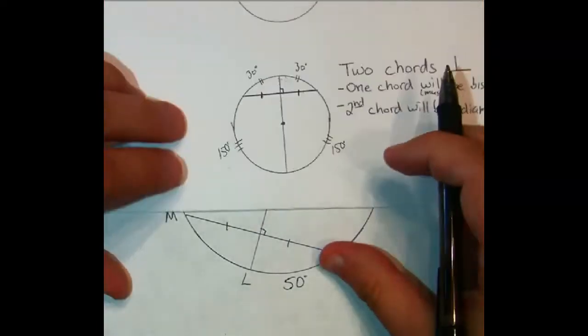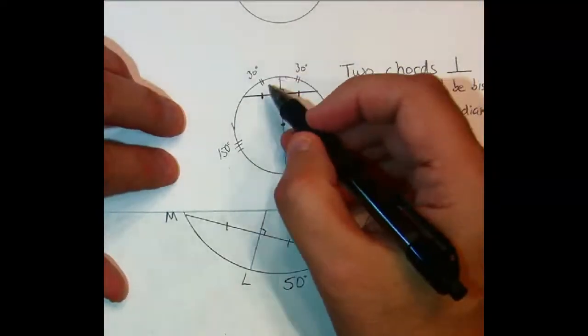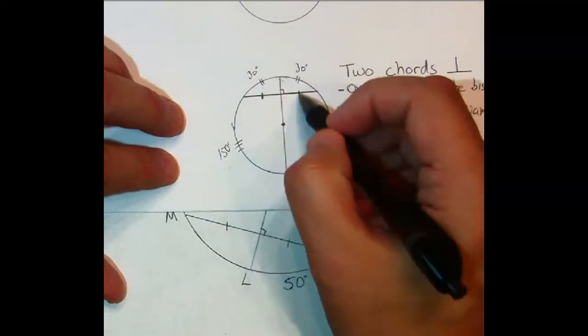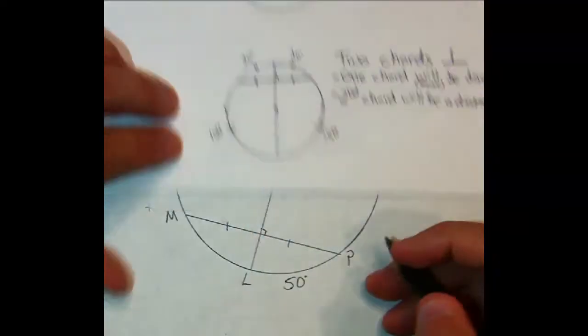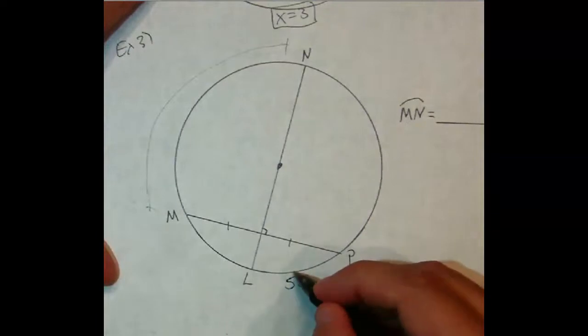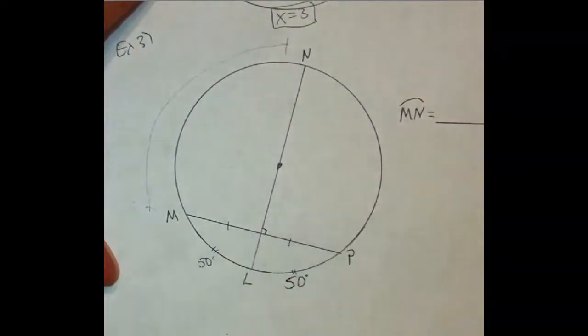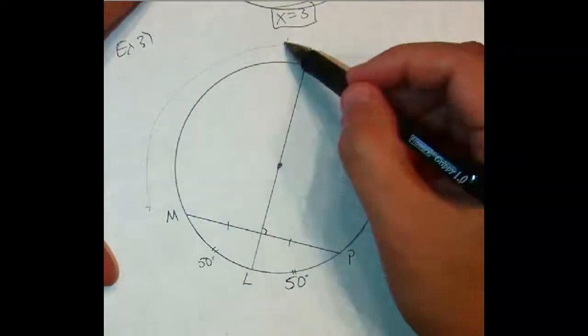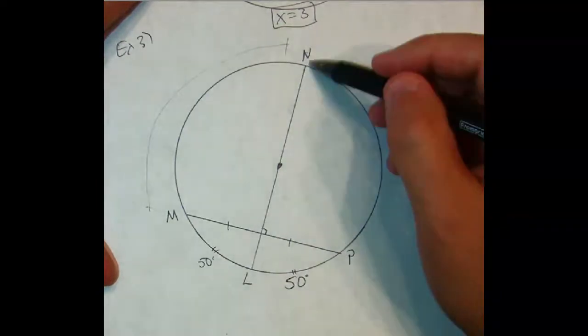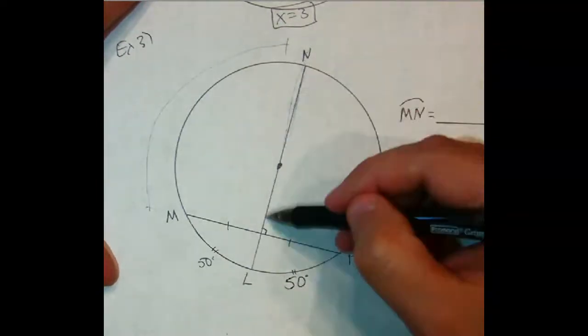But what else is going on? We notice that our two corresponding arcs with the chords are also congruent. So if this is 50 degrees, then this of course would be 50 degrees. Now the question is, what is the measure of arc MN? Well, let's just use the little shortcut I showed just a minute ago.